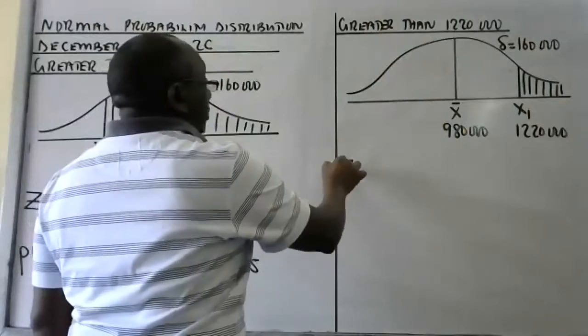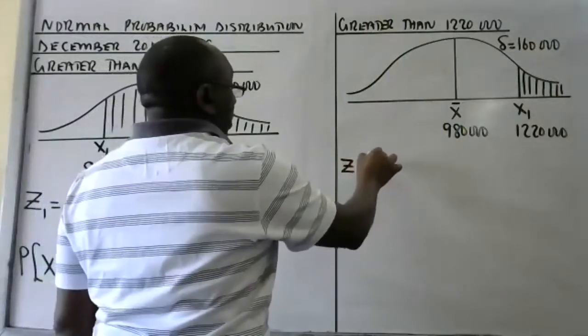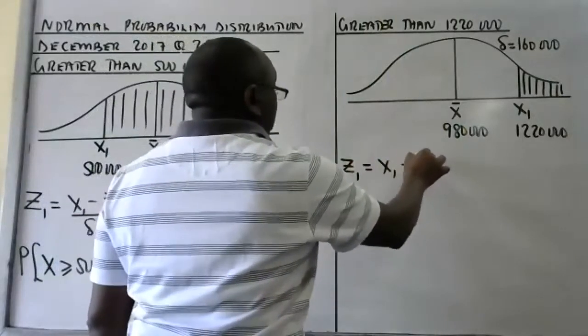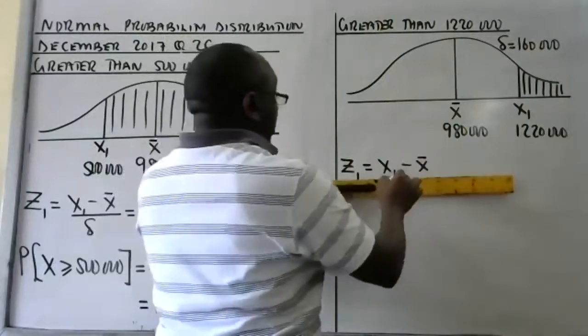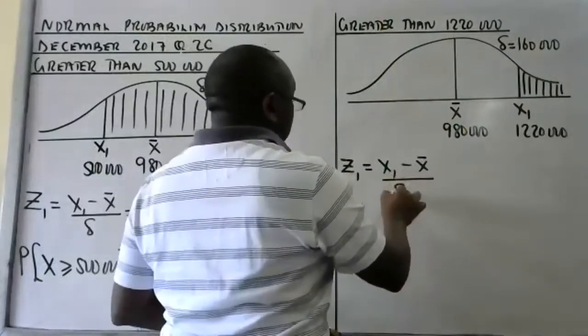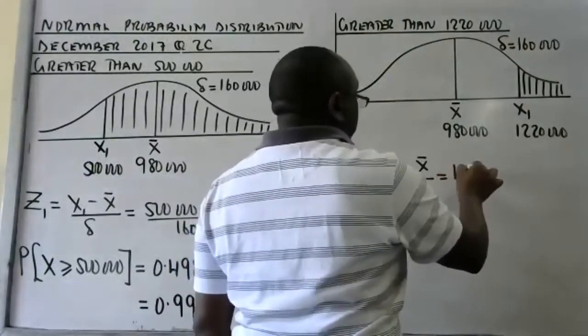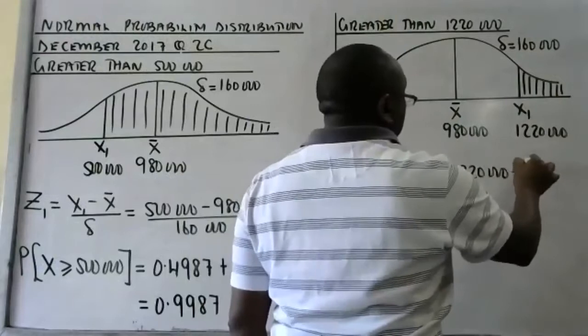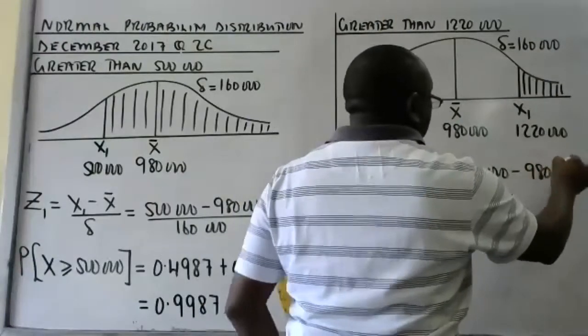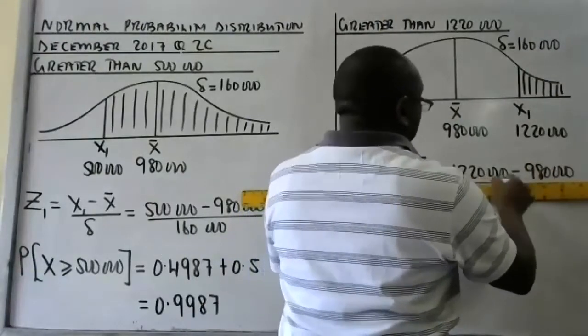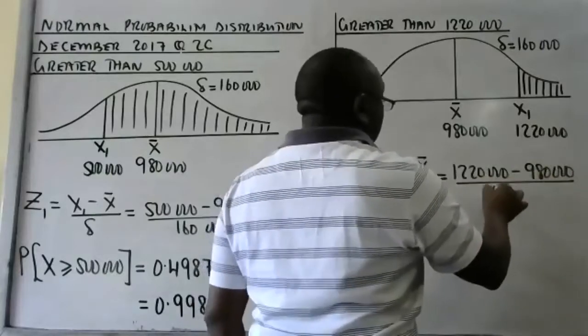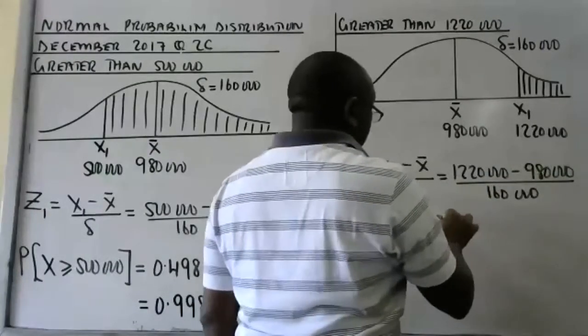So Z1 again will be X1 minus X bar divided by standard deviation. So this will be 1,220,000 minus 980,000, you divide by 160.